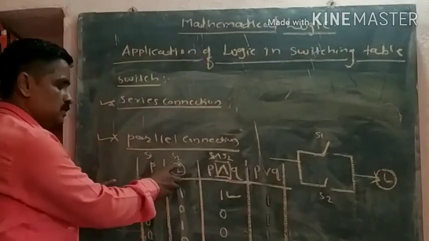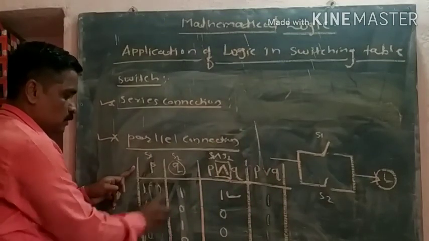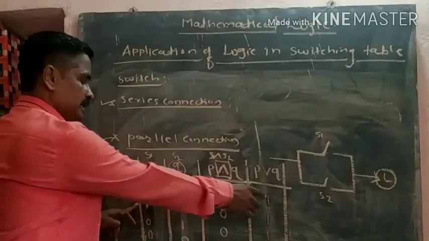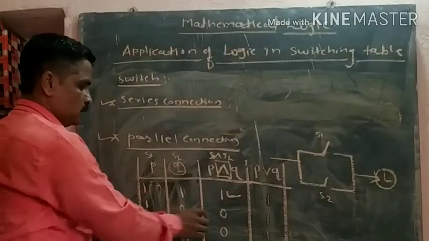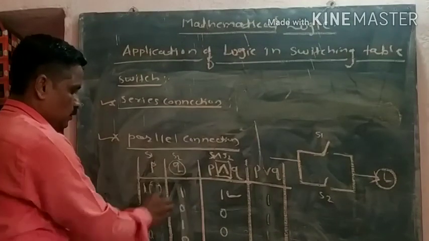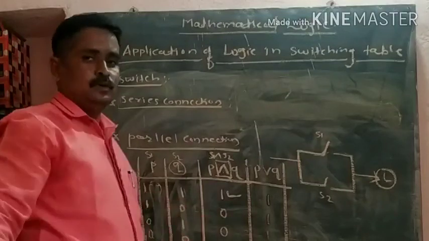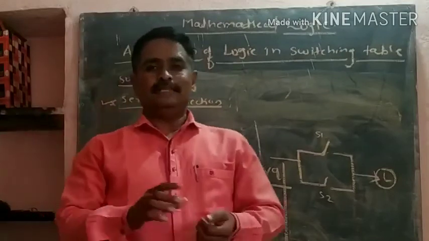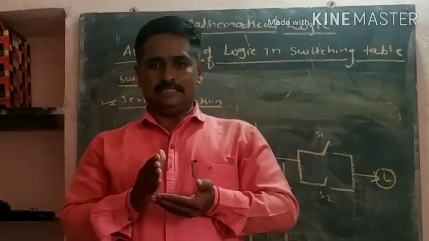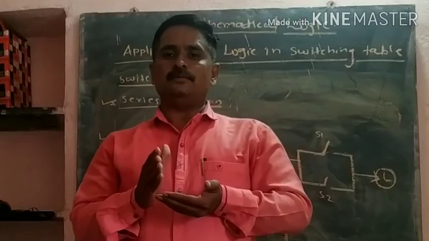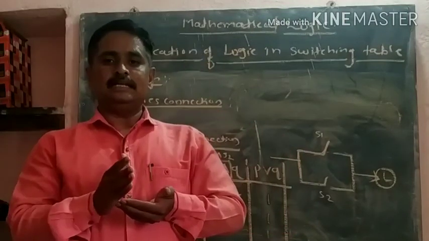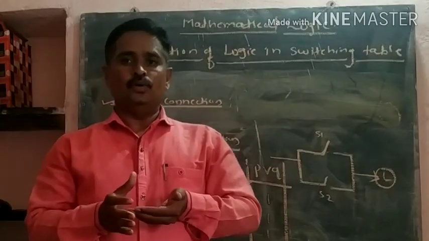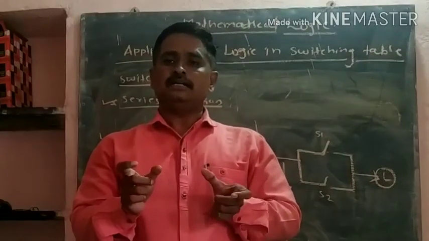Observe this: P is 0, Q is 0, then it is 0. P is 1, Q is 1, it is 1. P is 1, Q is 0, it is 1. P is 0, Q is 1, it is 1. P is 0, Q is 0, it is 0. So in a parallel connection, current does not flow only if both switches are open.